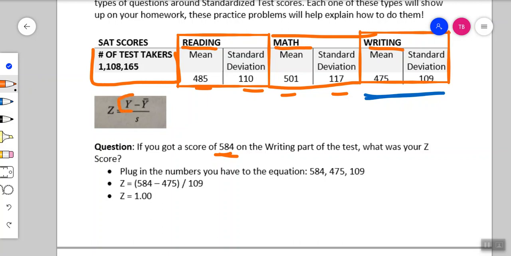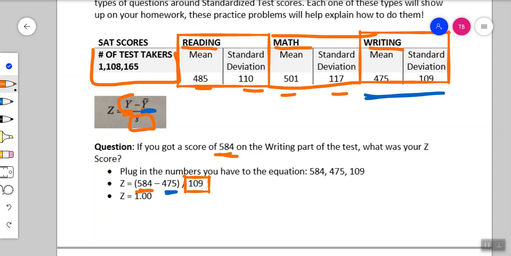We have the mean, and we know that's from the writing, which is 475. So that's what this one's going to be, 475 right here. And our score of 584 here, and the standard deviation of 109 is here.